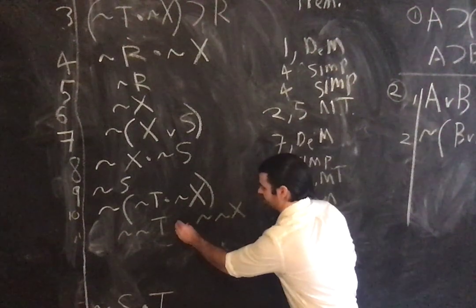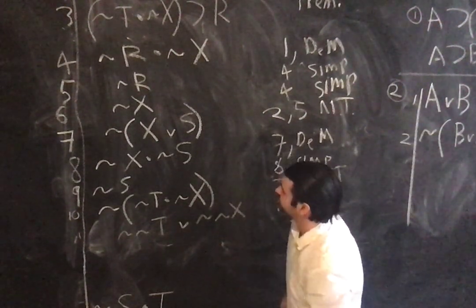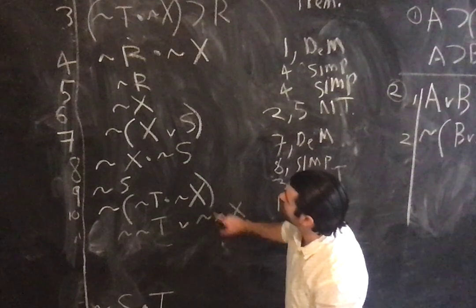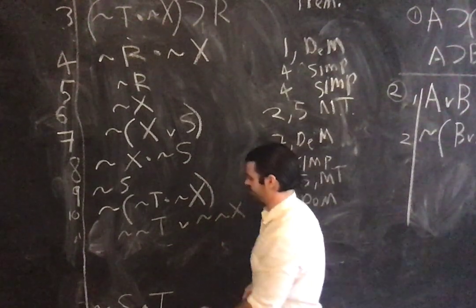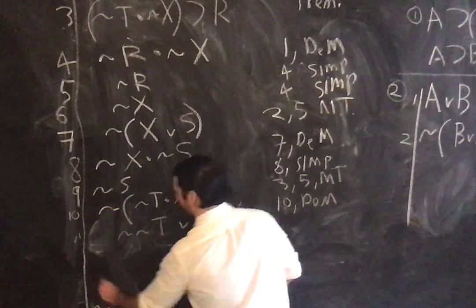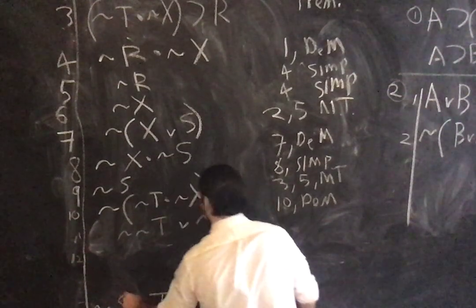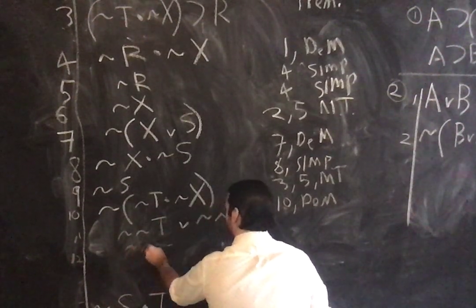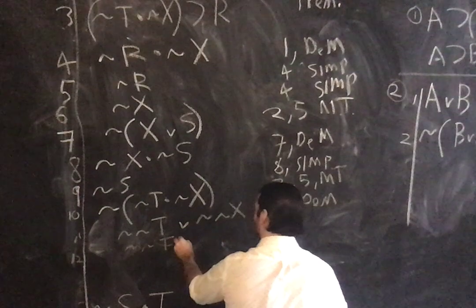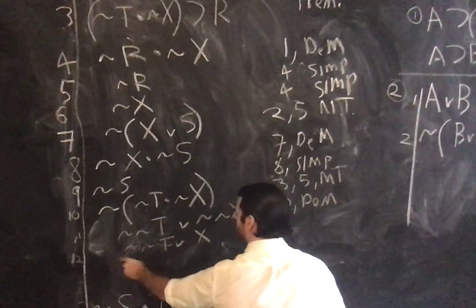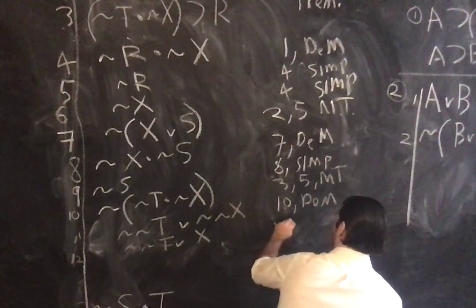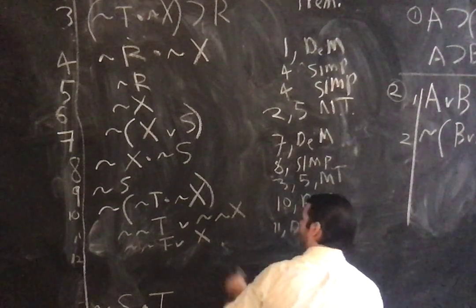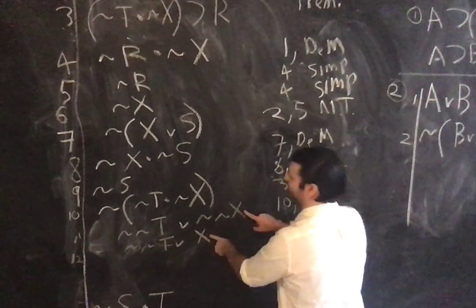Okay, so I've got a disjunction now. My result of this is a disjunction. Now, I have not not T or not X, so let me just transform this to T or not X, right? That's 11, double negation. I double negated this one.